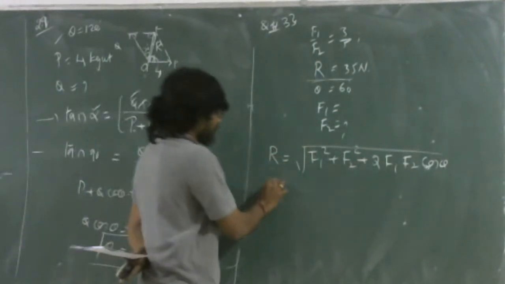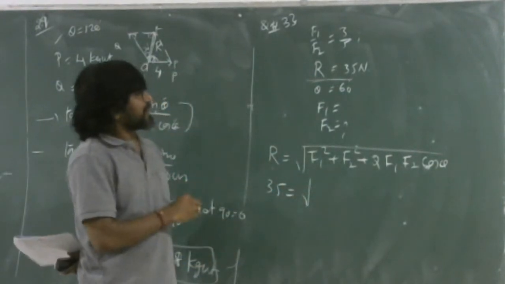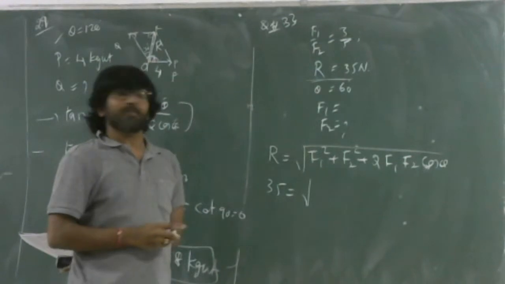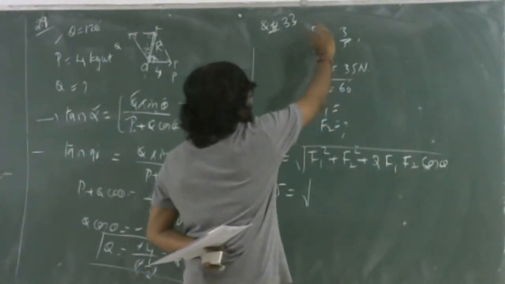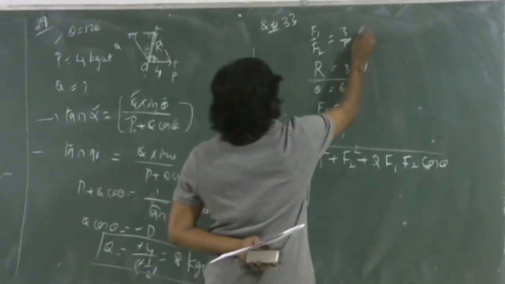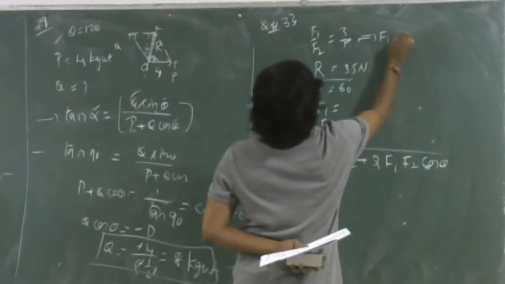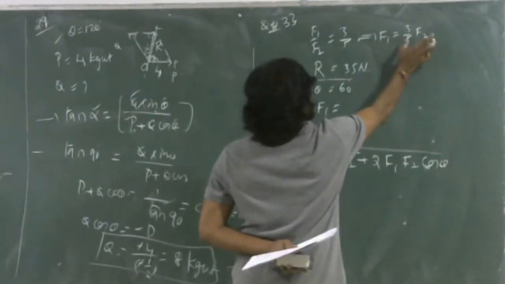As R is 35, R is equal to 35, square root of. Let us try to find F1 first. So for finding F1, let us write F1 in terms of F2. F1 is equal to 3 by 5 F2. So substitute it.